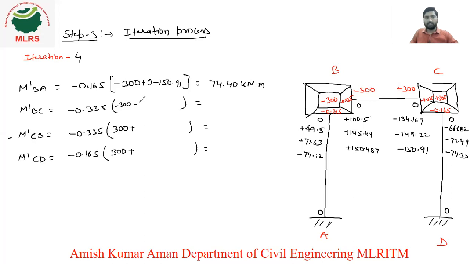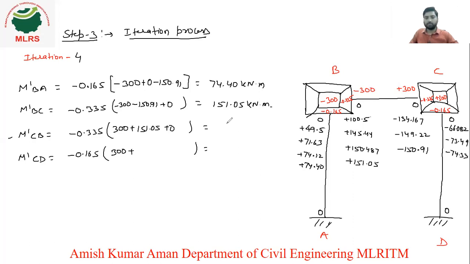Next, minus 150.91 near and far will be 0. So it will be 151.05 kilonewton meter. Next, for this CB, we will update this. This is 74.40. So plus 74.40. Here it is plus 151.05. So next, near will be 151.05 and far will be 0.